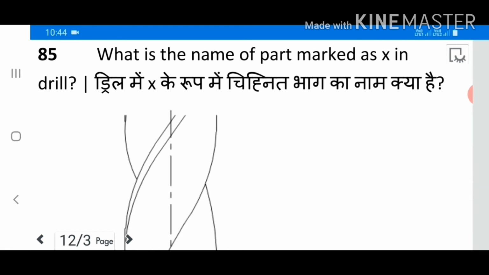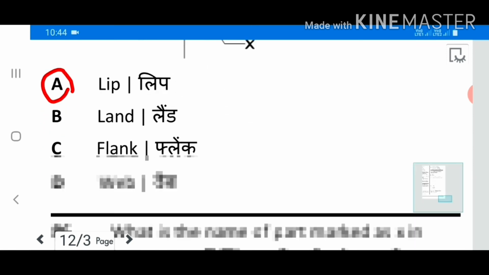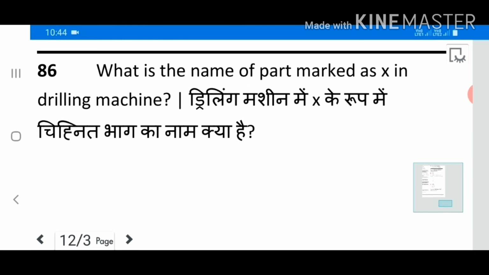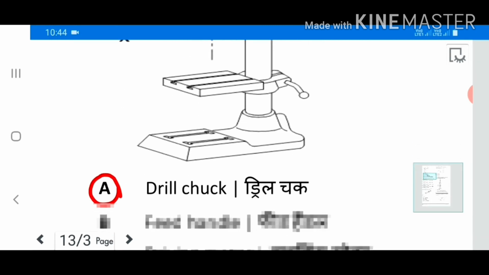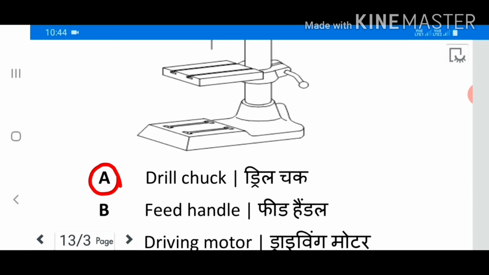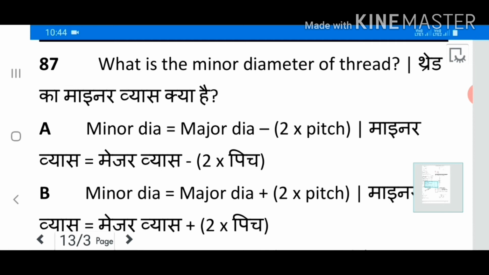85. What is the name of part marked as X in drill? Answer A. Lip. 86. What is the name of part marked as X in drilling machine? Answer A. Drill chuck. 87.